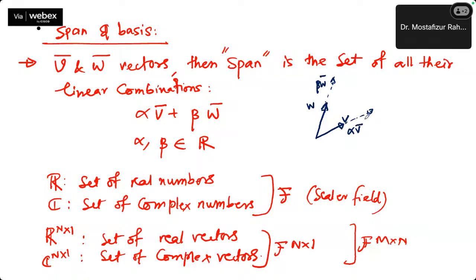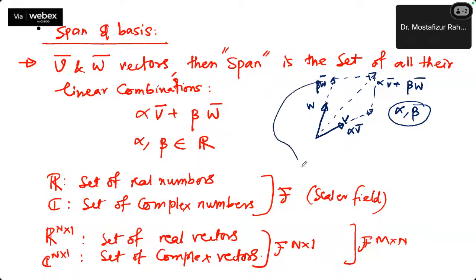And you are adding them. Assume they land somewhere in this particular plane after doing the addition, right? So this is your alpha v plus beta w. Now you take any value of alpha and beta. If you take various values of alpha and beta, positive, negative, fractions, you will get some space.